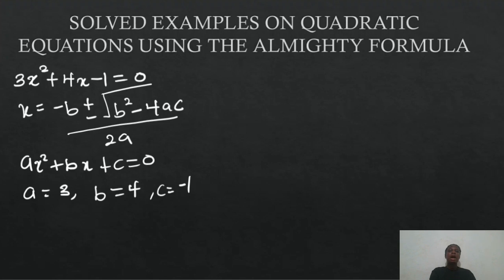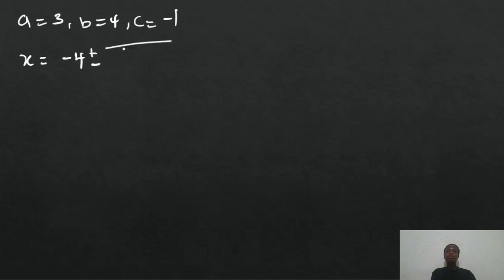This means that x is going to be negative b, which is 4, plus or minus the square root of b squared, which is 4 squared, minus 4 times a, which is 3, times c, which is -1, all over 2a, so 2 times 3.